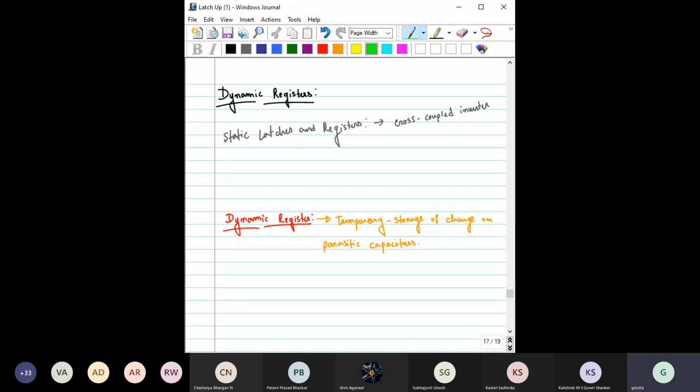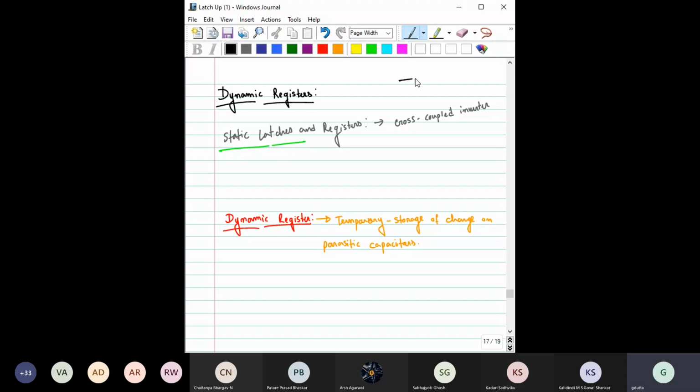So far what we have discussed are these static latches. So what do we mean by static latch? A static latch can hold the stored element until you interrupt the power supply.